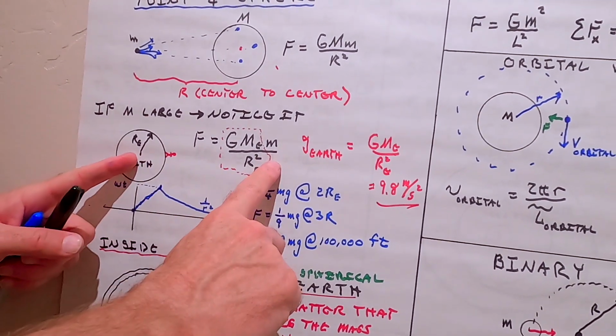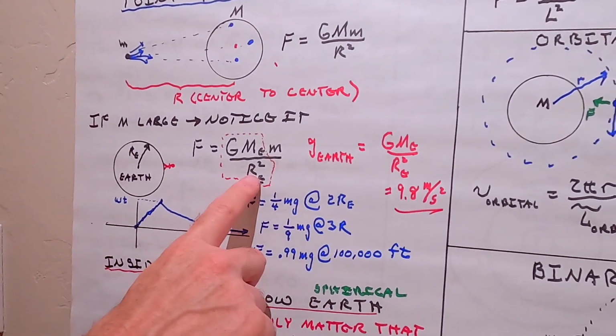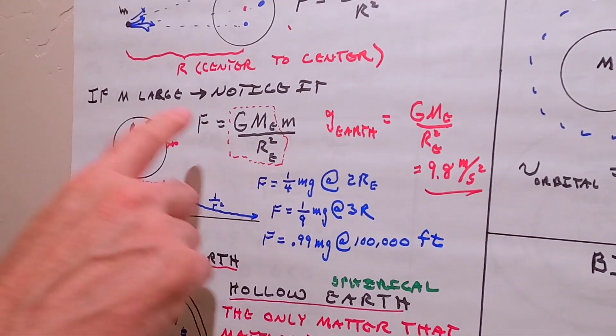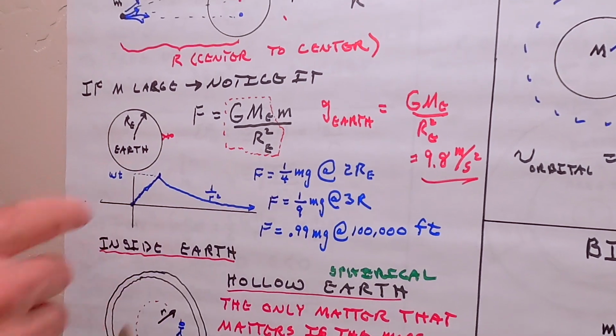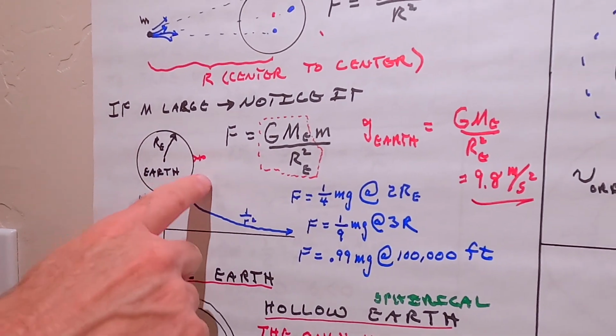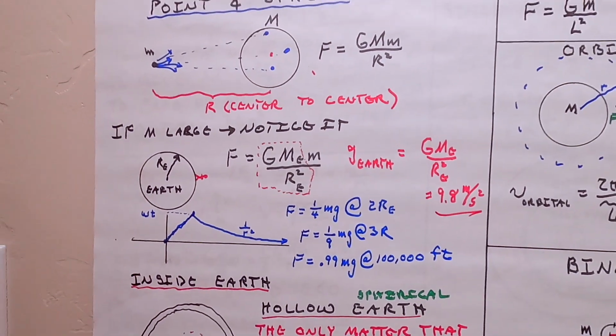If you triple the radius, it'd be 1/9 of your weight way out there. So this is going off as 1/r². It never goes to 0, but it drops pretty darn fast.